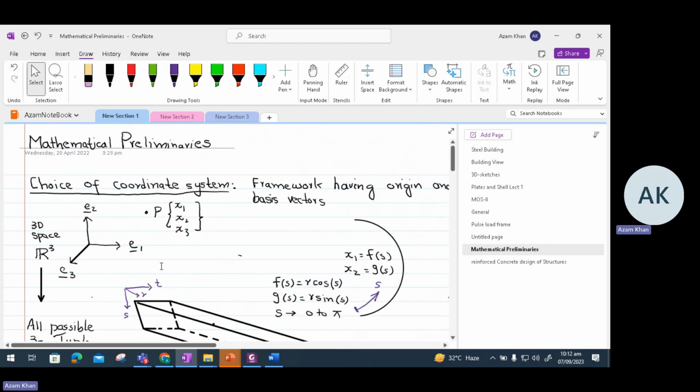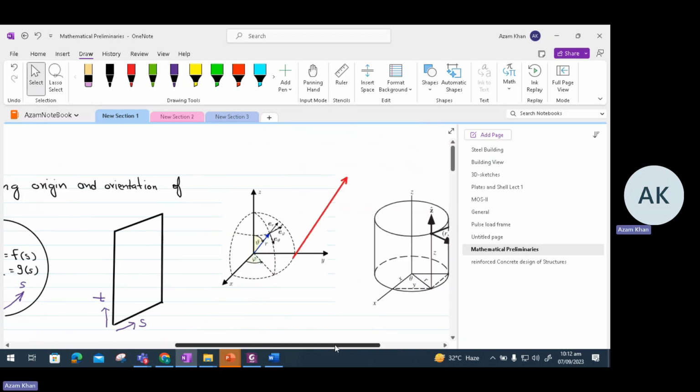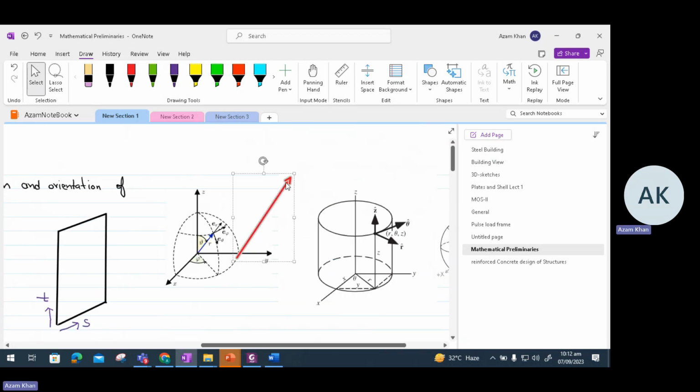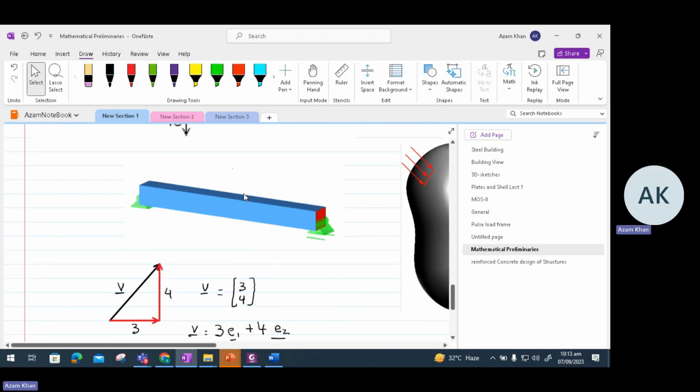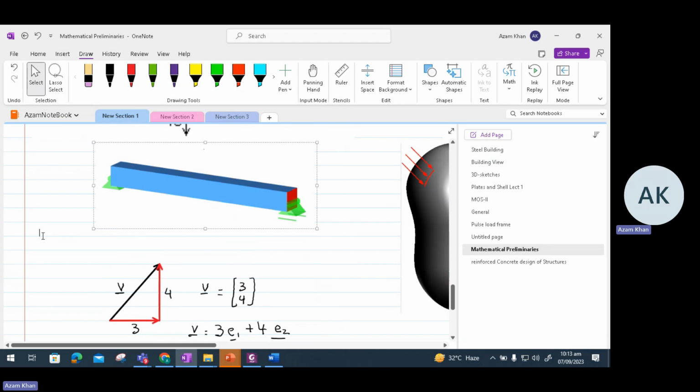But one question arises: if that is true, then in structural engineering, we need the exact location of vectors. For example, this vector can be a force applied onto a simply supported beam. So let us bring this down. Imagine we have a simply supported beam, and this vector might be a force applied over here on the beam.